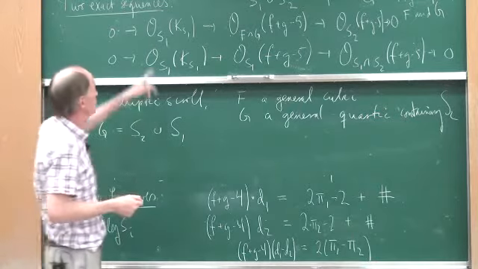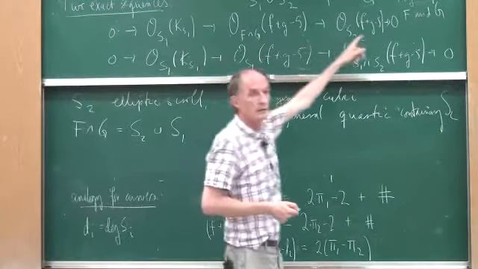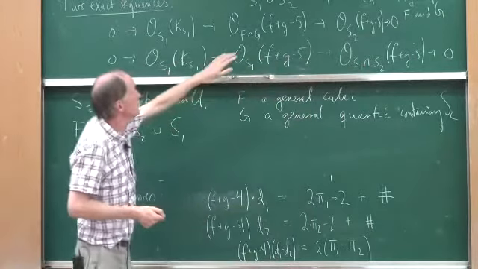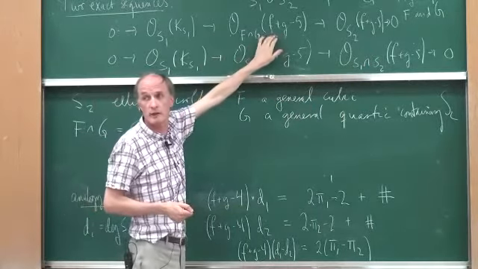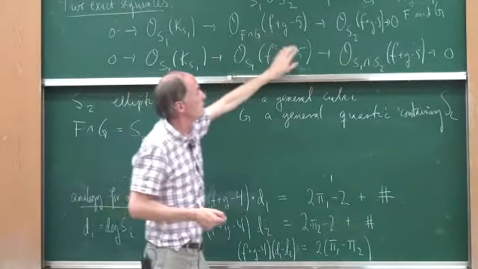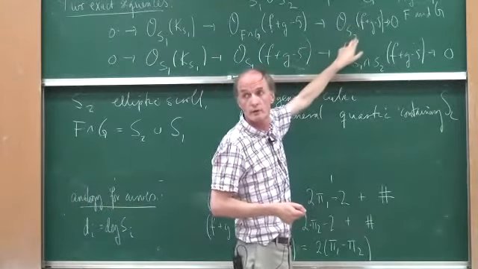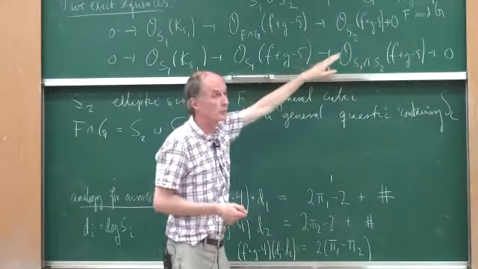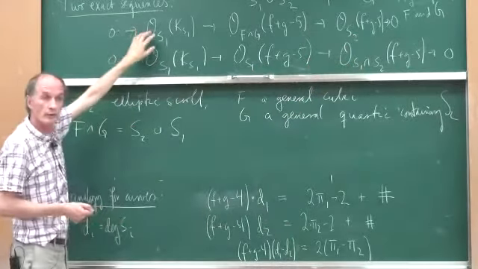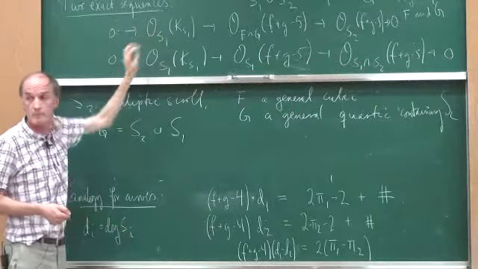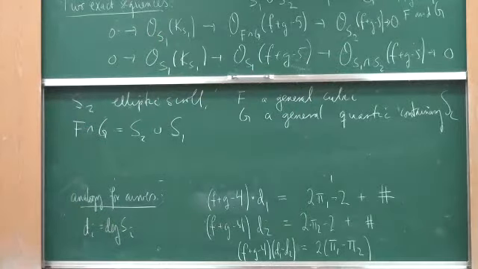And this is something you see from these sequences here, because in the middle here you have no cohomology. This is arithmetically Cohen-Macaulay. So if this one is also arithmetically Cohen-Macaulay, I get all zeros here for cohomology, and therefore you also get all zeros there. So arithmetically Cohen-Macaulay is preserved with linkage.